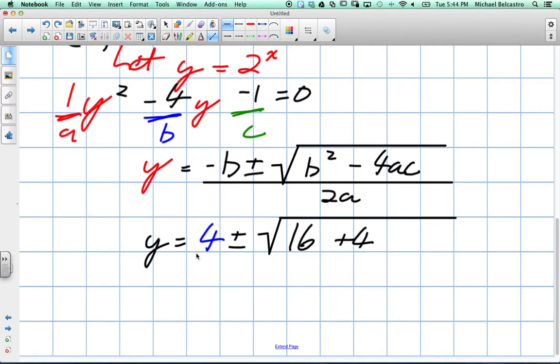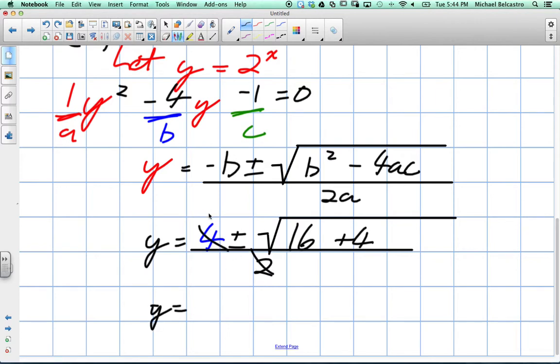And all of this is over 2 times a, which is just 2. Y equals, these values can simplify. I eliminate those, oh sorry, no, I can't do that. What am I doing? They're not multiplied by each other, sorry. This becomes root of 20. So we have 4 plus or minus root 20 over 2.